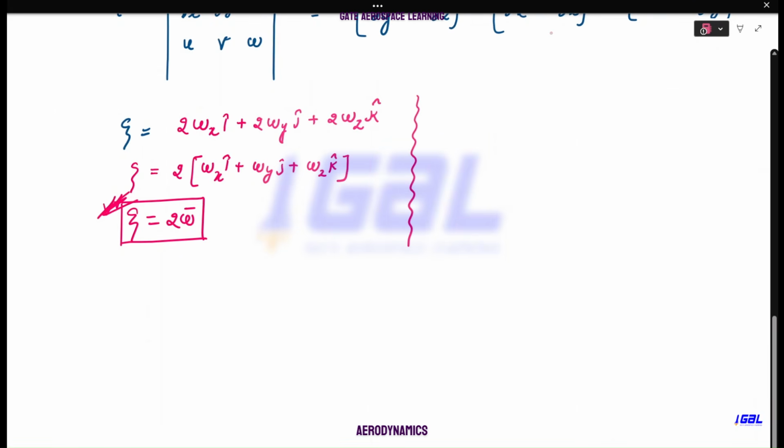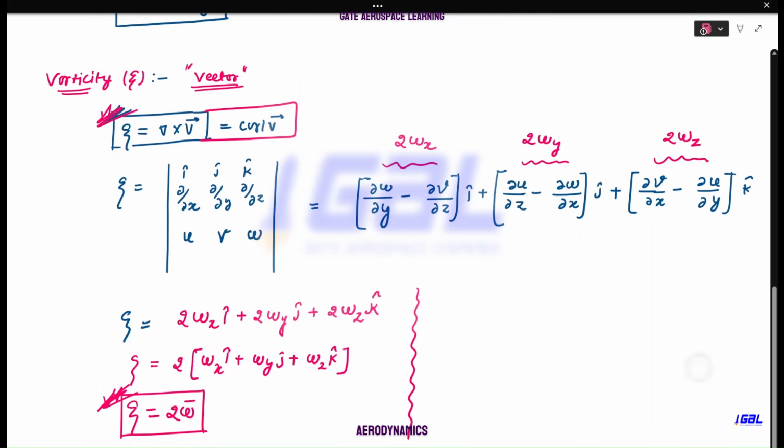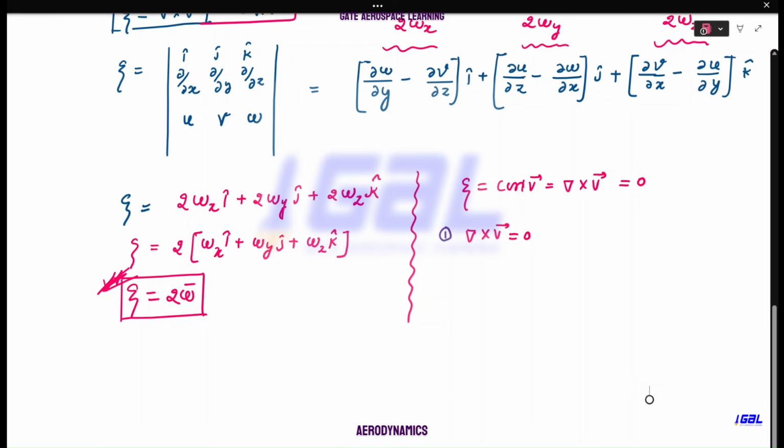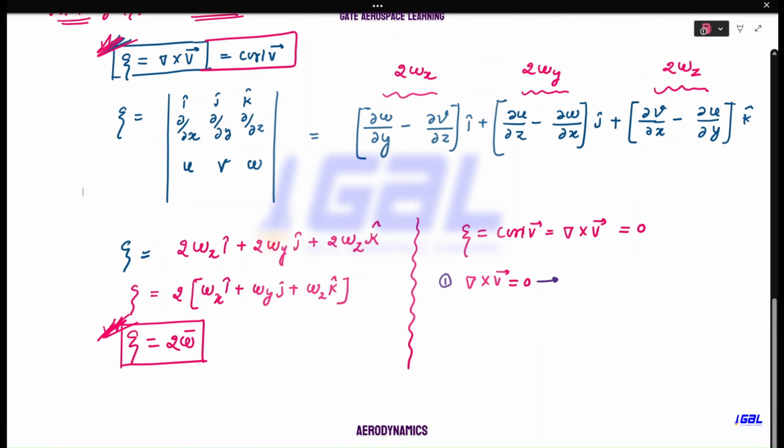One more important conclusion from here. Now if your velocity field at any point in a flow has vorticity, which is our curl of v, or it can be written in this way, you take this and solve for the cross product of the velocity vector as we have written here.